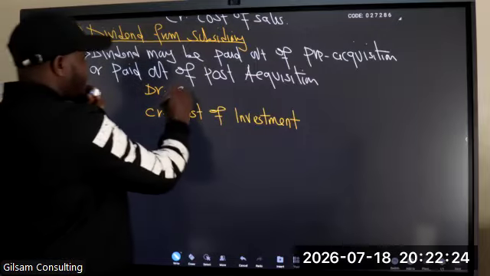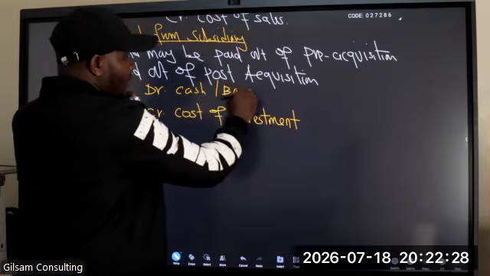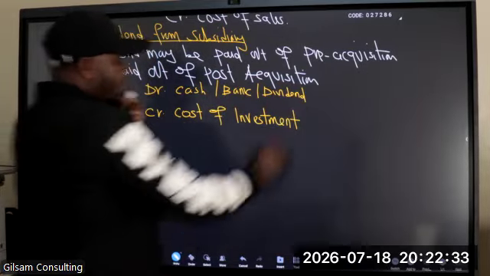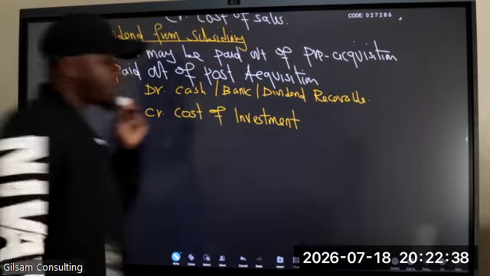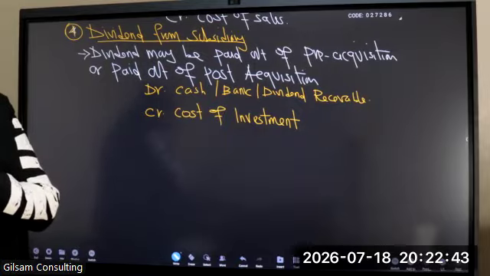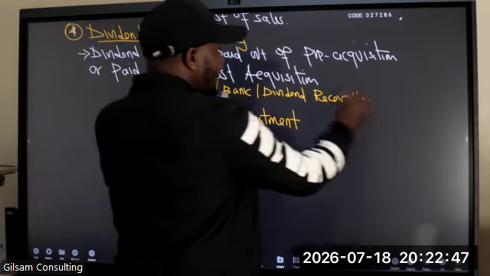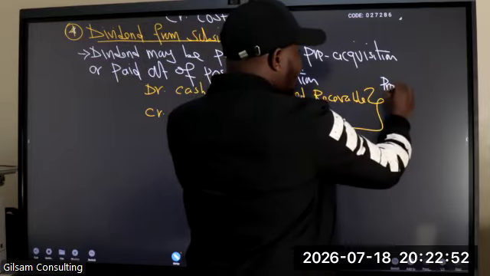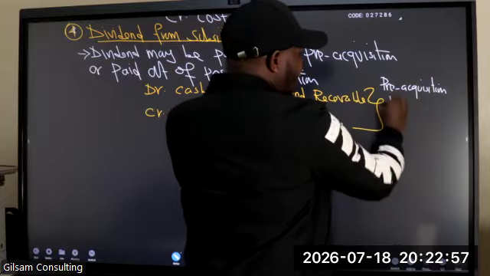You either debit the cash because you are receiving money, the bank, or dividend receivable. That is for the pre-acquisition dividend.